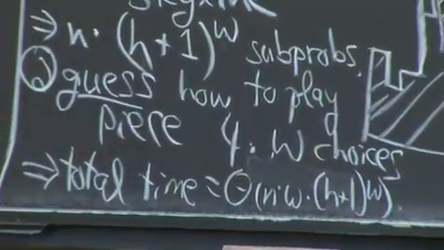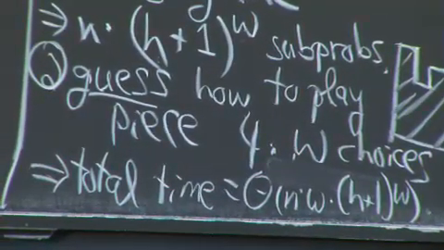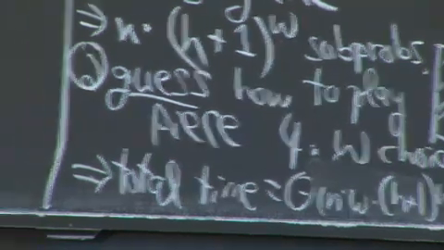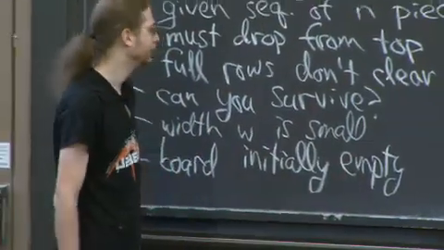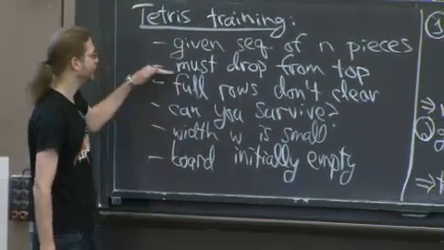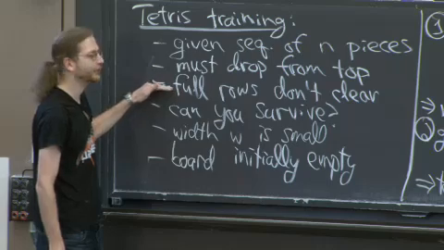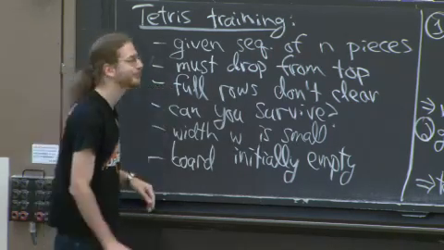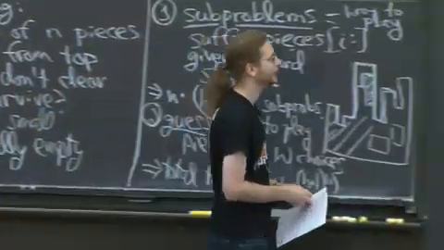Open problem. If I drop any one of these assumptions, can you get a dynamic program that's reasonable? Could you do it if w was large? I don't know. Could you do it if rows do clear? That's kind of the least natural constraint here. I don't know. Puzzle for you to think about. I'd love to know the answer.